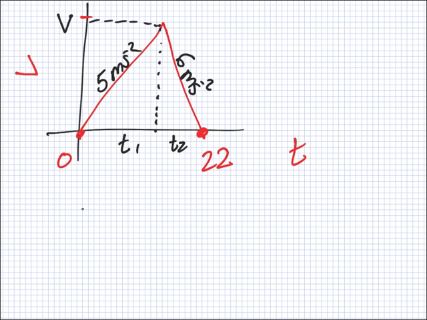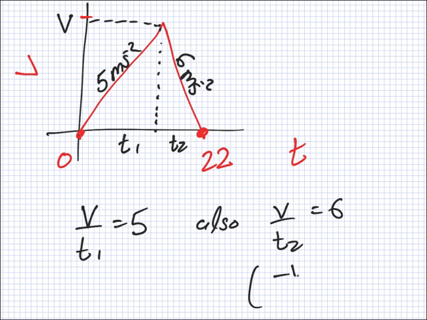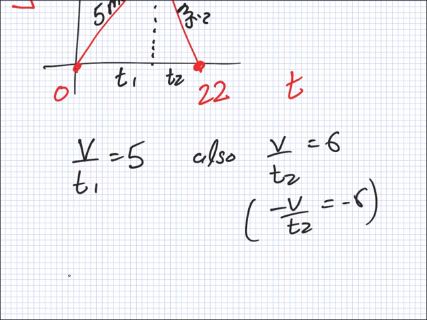So you can say V over T1 equals 5. Also, V over T2 equals 6. Or if you want to be particular, you could say minus V over T2 equals minus 6. But it's the same thing. So, V equals 5T1 and V equals 6T2.